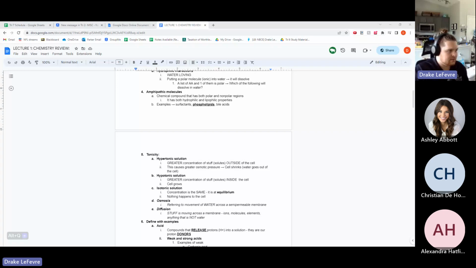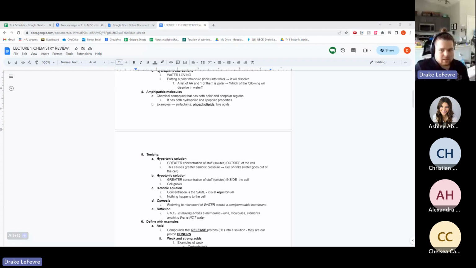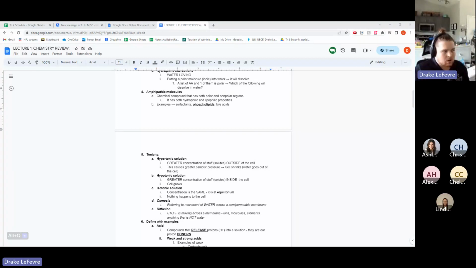He doesn't go into a ton of detail on this, even in the book, but just know what they oxidize to: primary alcohols oxidize to aldehydes, and secondary alcohols oxidize to ketones. He likes to ask questions about those things.